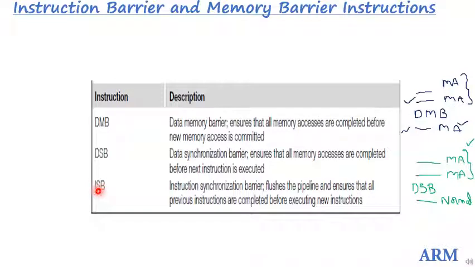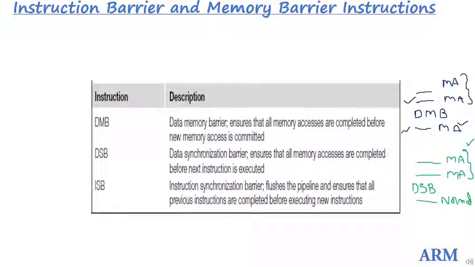Next one is the instruction barrier instruction. The mnemonic is ISB. ISB means instruction synchronization barrier. This flushes the pipeline and ensures that all previous instructions are completed before executing new instructions. So this is with regard to the program code.